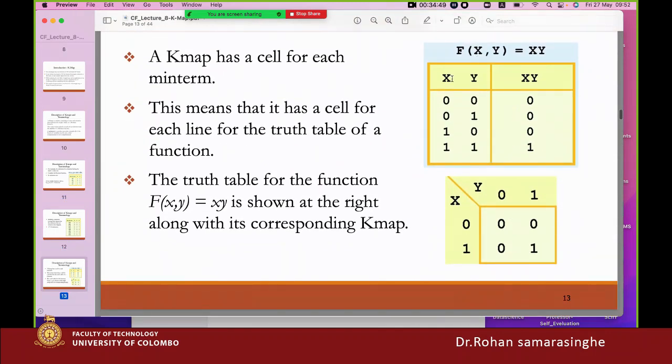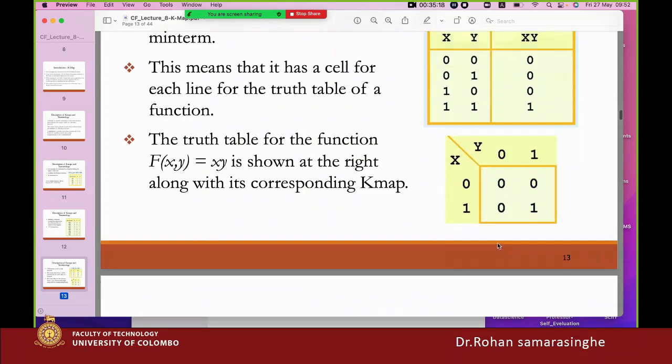For xy, the values are 0 0, 0 1, 1 0, 1 1. When x is 0 and y is 0, the output is 0. When x is 0 and y is 1, that is 0. If y is 0 and x is 1, also 0. If both x and y are 1, then you get 1.